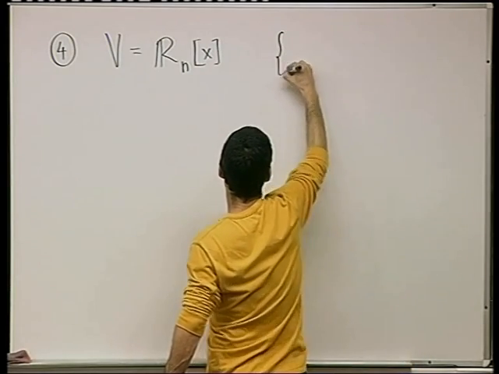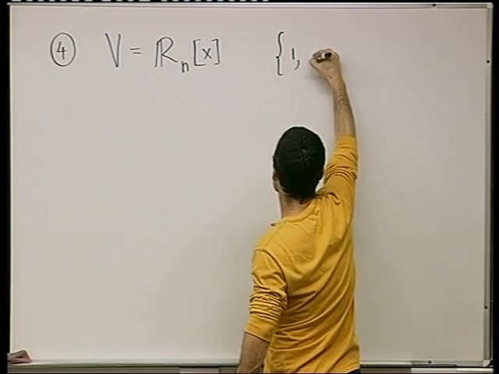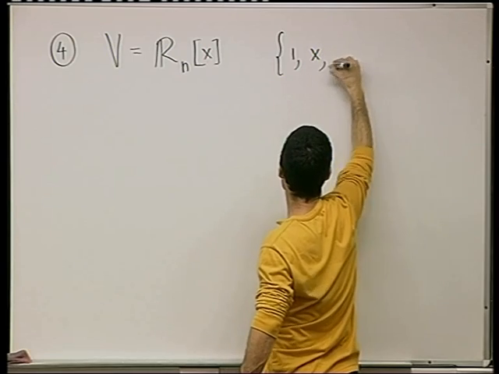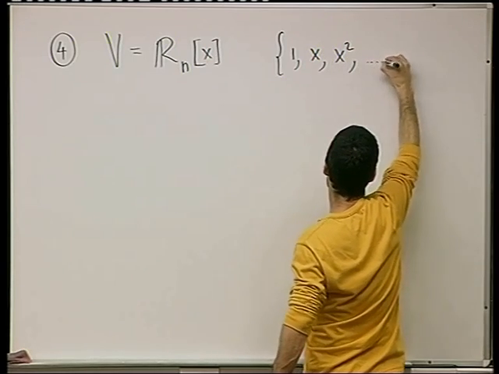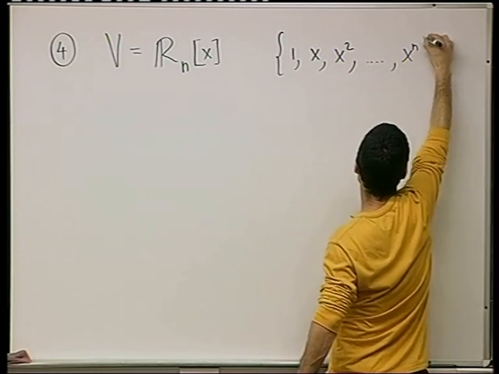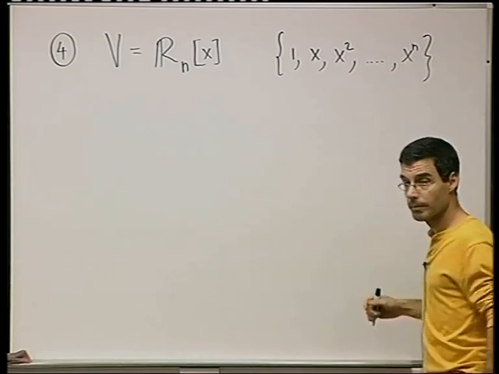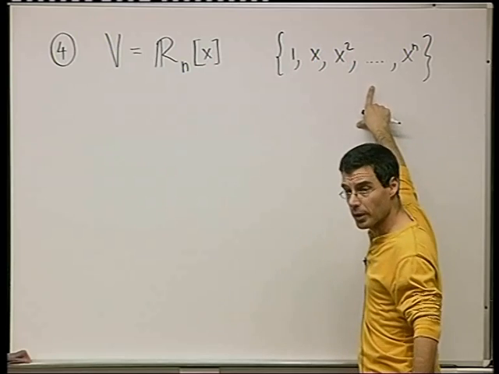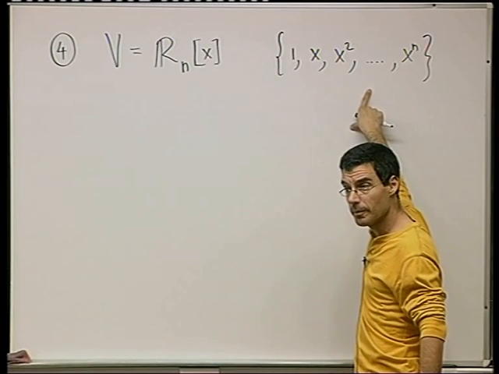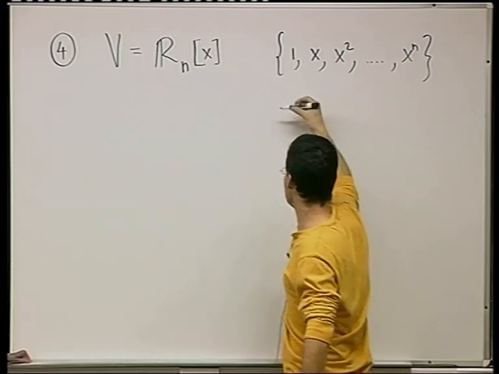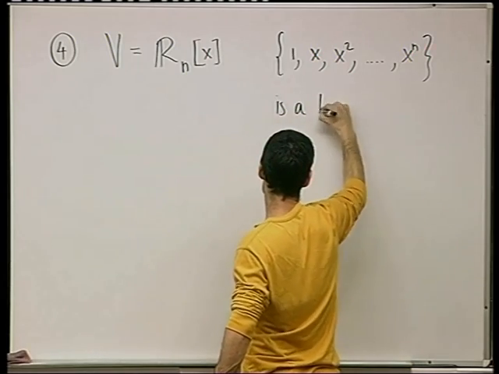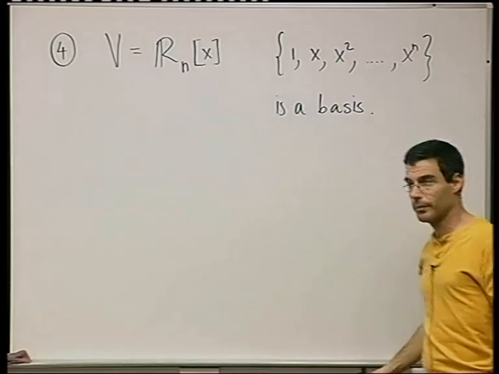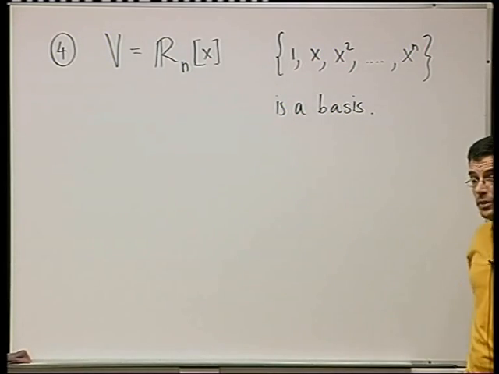I'm going to take 1, this is a polynomial, right? x, x squared, all the way up to x to the n. So this is a set of n plus 1 polynomials, right? And I claim that this is a basis for R_n[x]. How do you show that it's a basis?